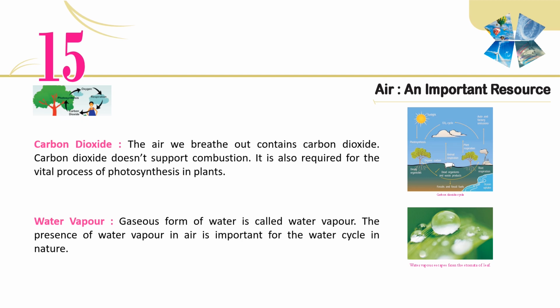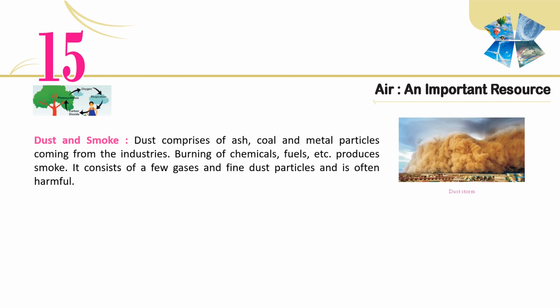The presence of water vapor in air is important for the water cycle in nature. Dust and smoke. Dust comprises ash, coal and metal particles coming from the industries. Burning of chemicals, fuels, etc. produces smoke. It consists of a few gases and fine dust particles and is often harmful.